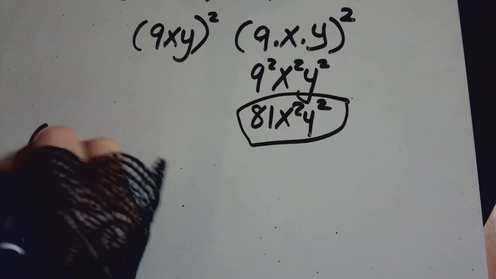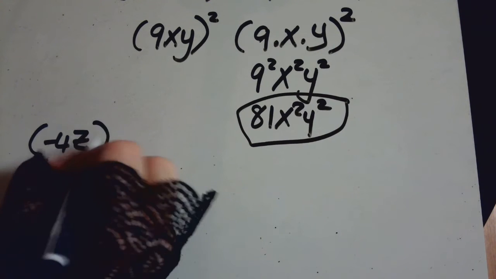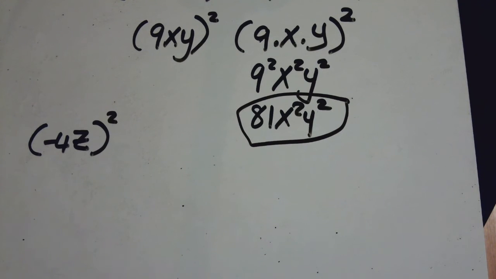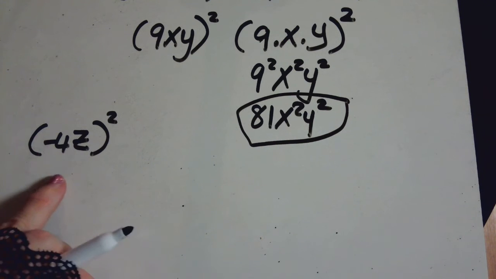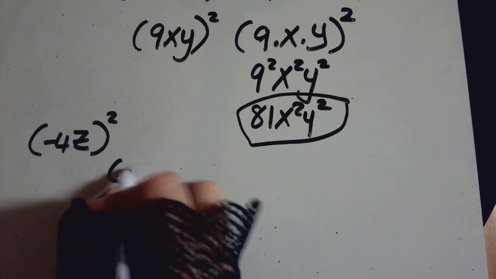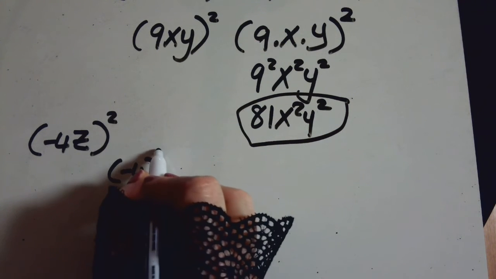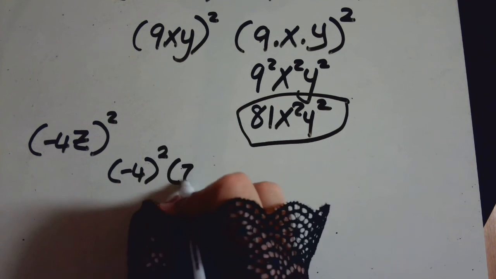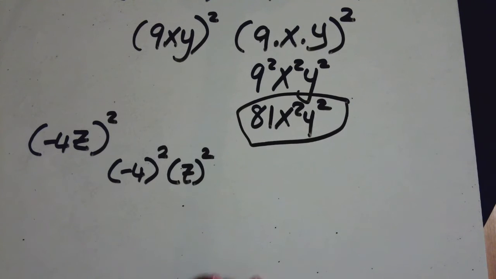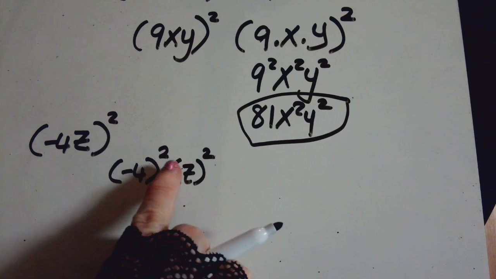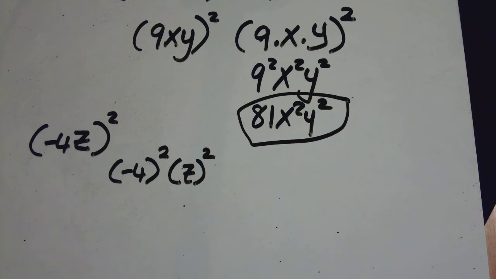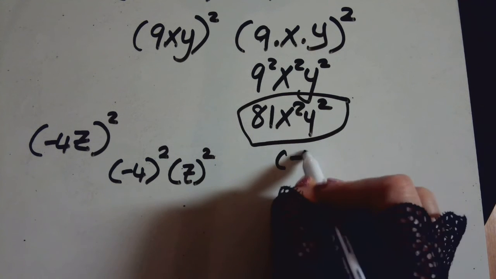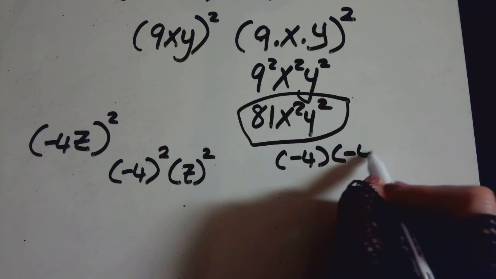Here, I've got a base of negative 4z raised to the second power. So I want you to think that negative 4 is one thing, so it's best to write it out until you get more proficient at it. That's negative 4 raised to the second power, and then z raised to the second power. Negative 4 raised to the second power means negative 4 times negative 4.